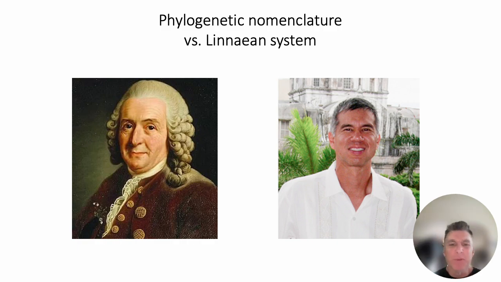People have tried to tweak and twist and turn the Linnaean system and try to use it for naming phylogenetic groups even today. I would argue, and the phylogenetic nomenclaturists would argue, that they haven't been successful, but just so you know, that's still a process that's happening. Certain of the elements that I'm assigning to the Linnaean view are not held by everybody who tries to use Linnaean names today.